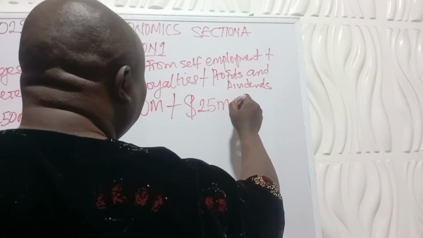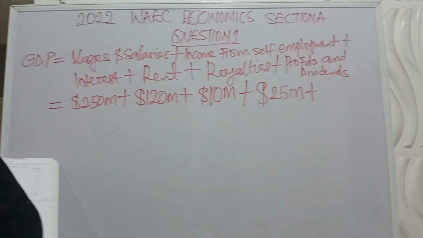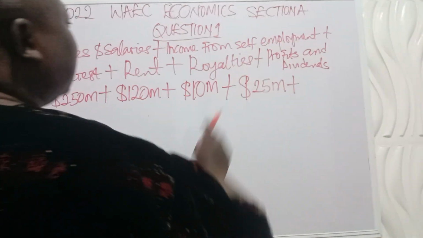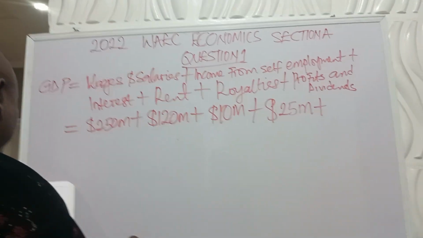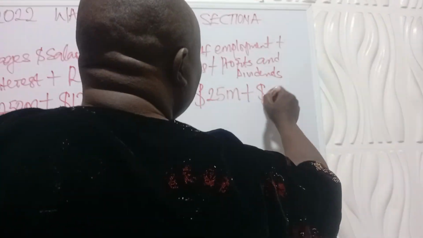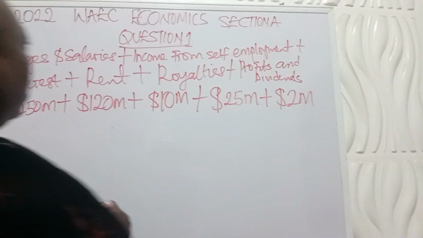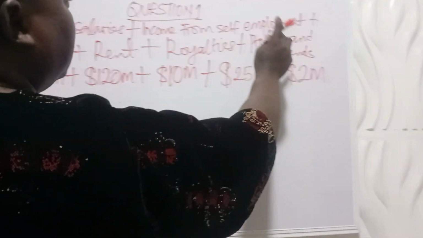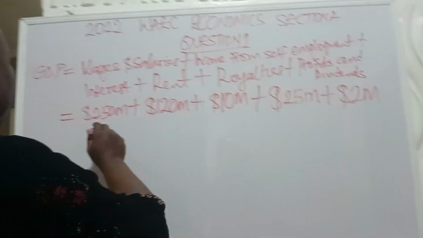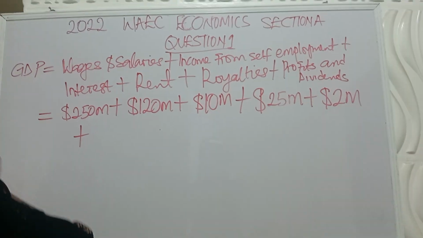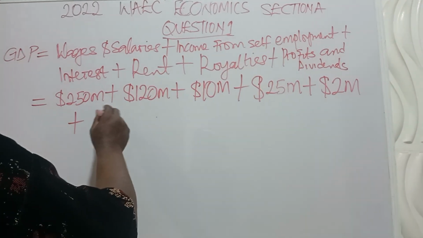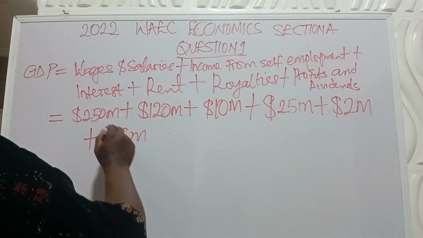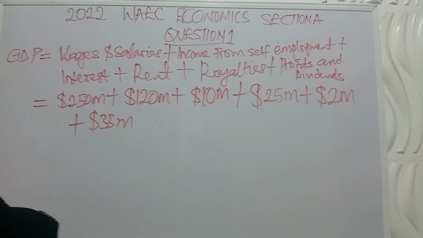Royalty is $2 million. Lastly, profit and dividends is $35 million. So let's add this together.